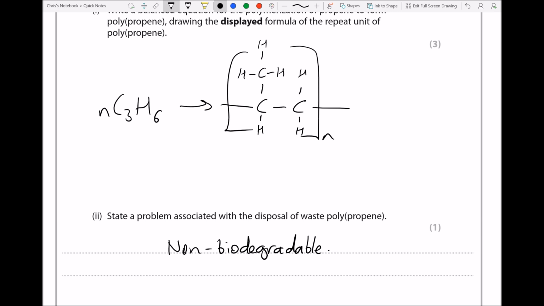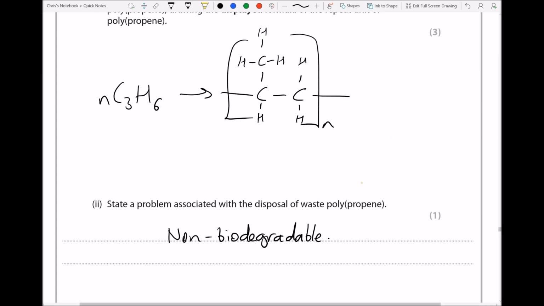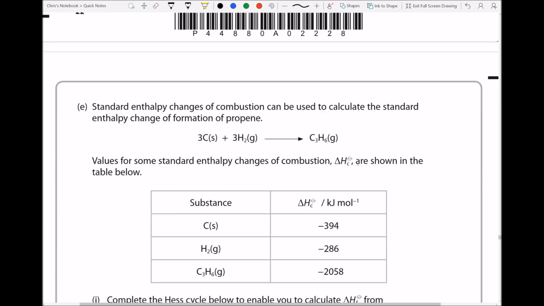So these things are pretty bad, and chemists are out there trying to find alternatives that biodegrade, and there are biodegradable plastics out there, or we recycle them. That's why it's important to recycle, chop them up and reuse them, so they're not lying around in landfill. Okay, so that's that one.